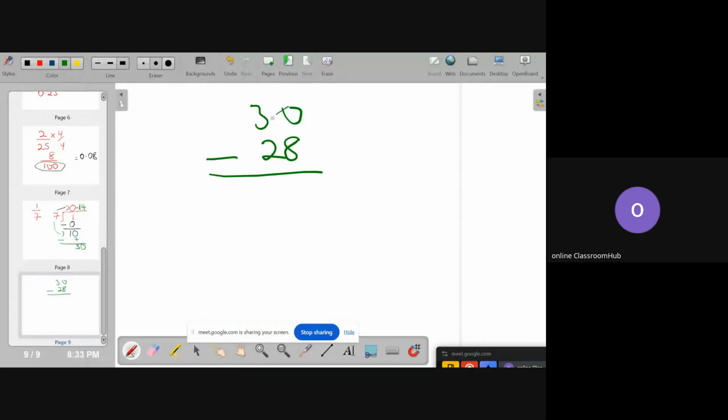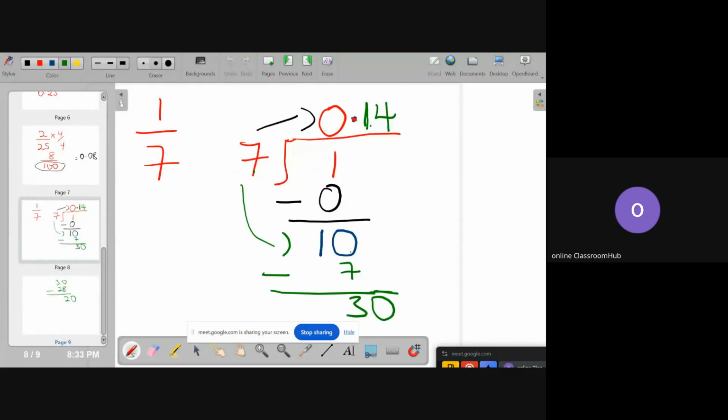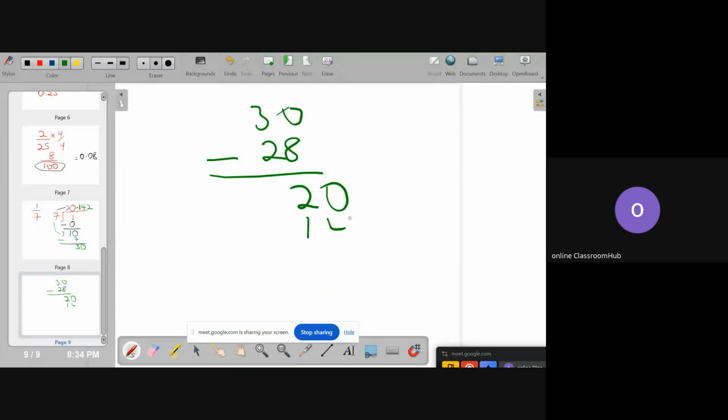And that will give us 2. You bring 0 again. 7 goes into 20 how many times? 2. Then you ask yourself, 7 times 2, 14. You do the subtraction. That will be 6. You bring the 0 again.